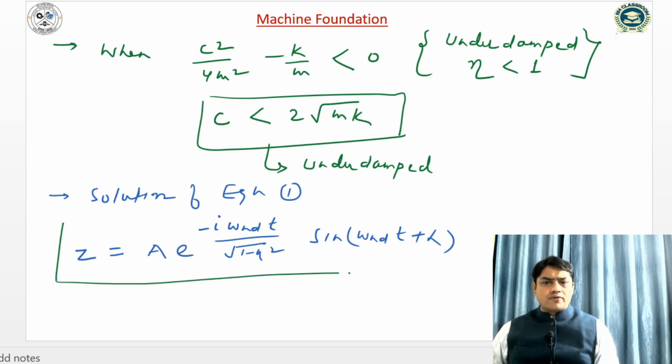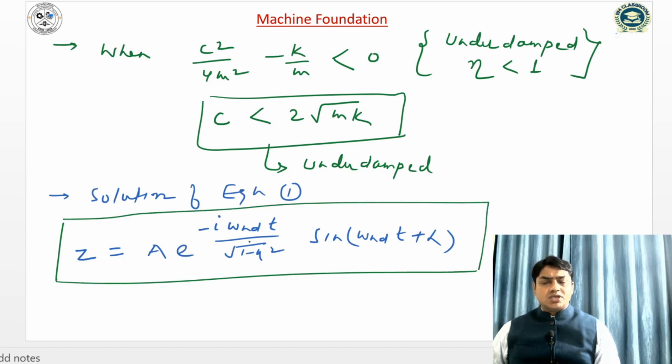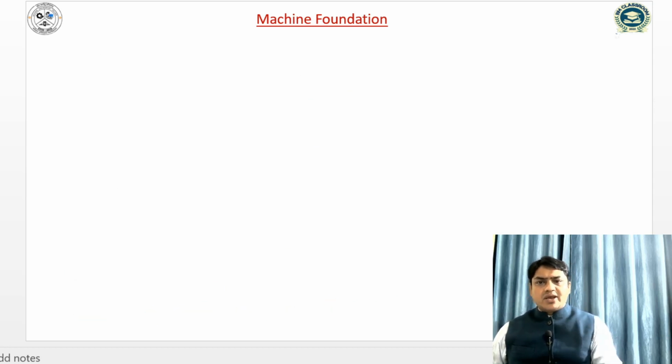So this is the solution of equation first, where A and alpha are constants, eta is the damping ratio, and omega nd is the natural circular frequency in the damped case.